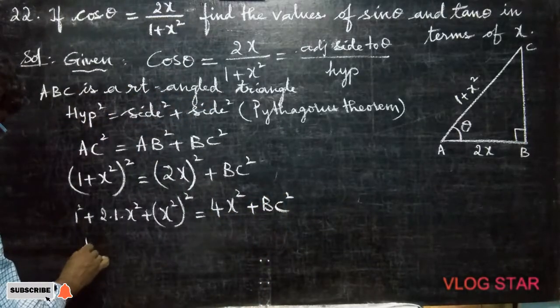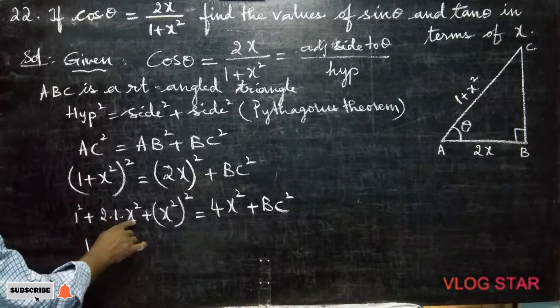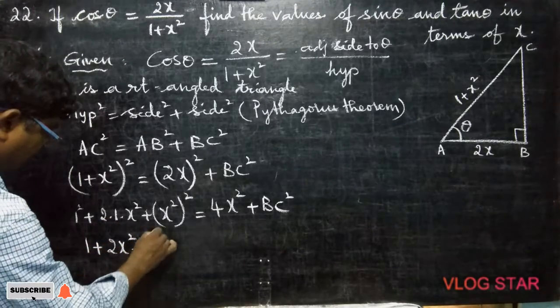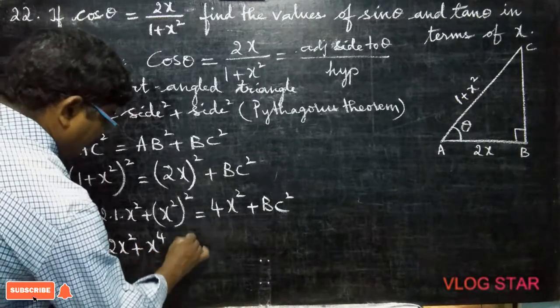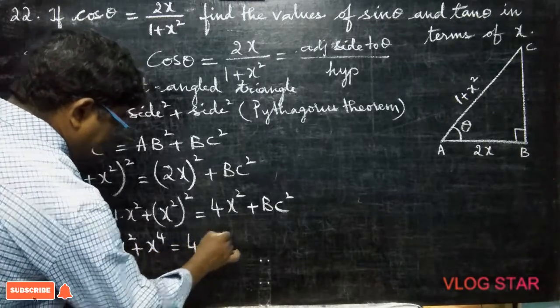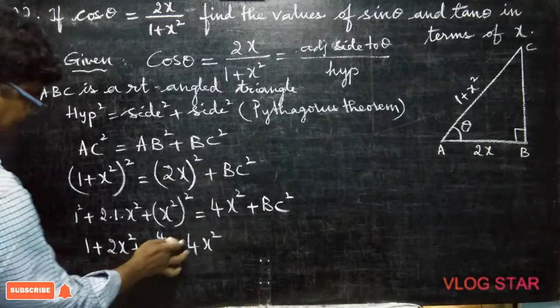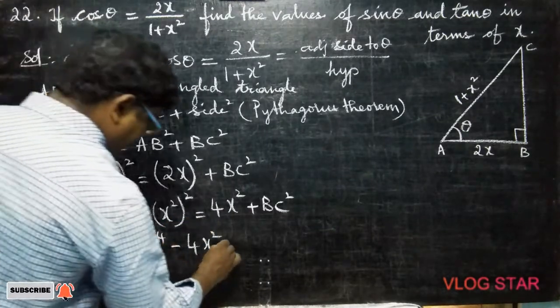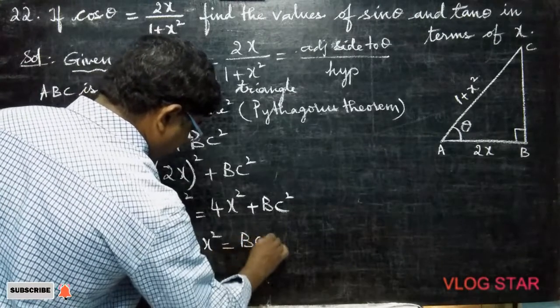Now 1 1s are 1, 2 1s are 2 x square plus x to the power of 4 is equal to 4x square, or otherwise bring this 4x square, this plus becomes minus. So minus 4x square is equal to BC square.